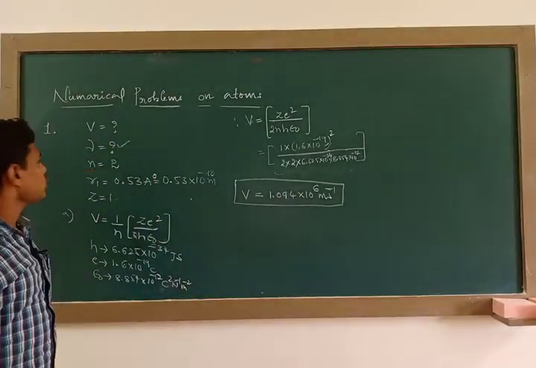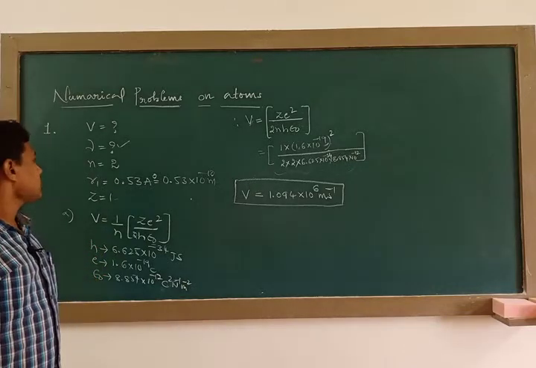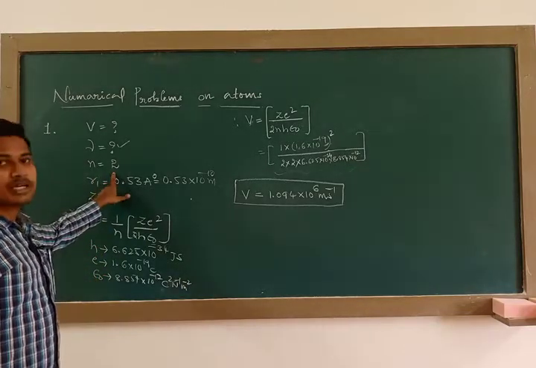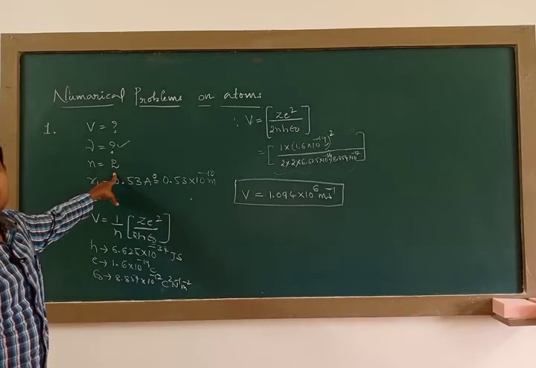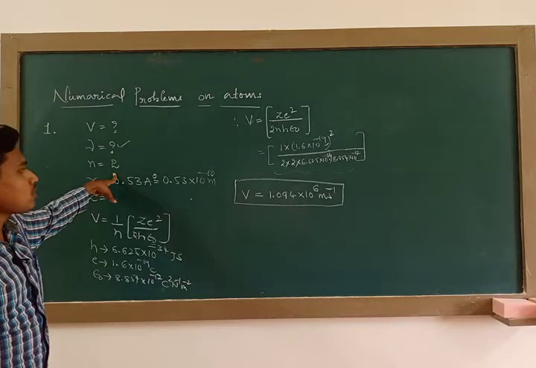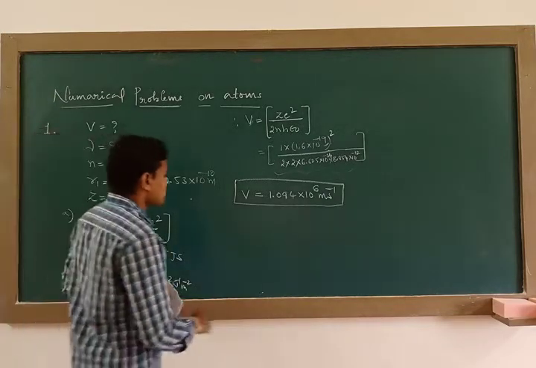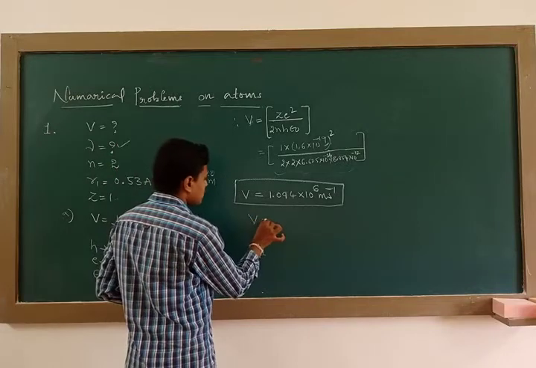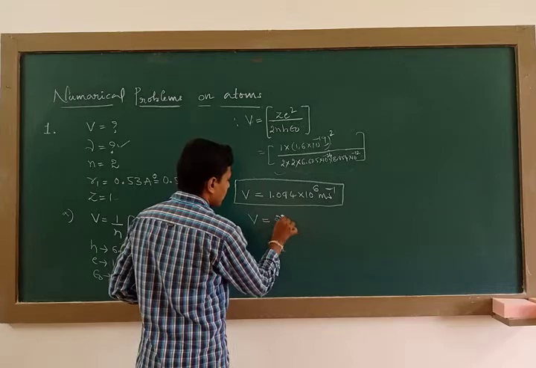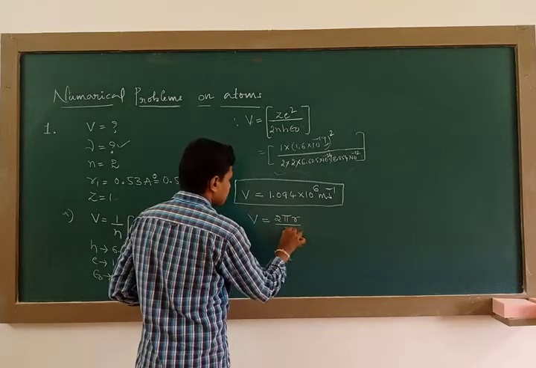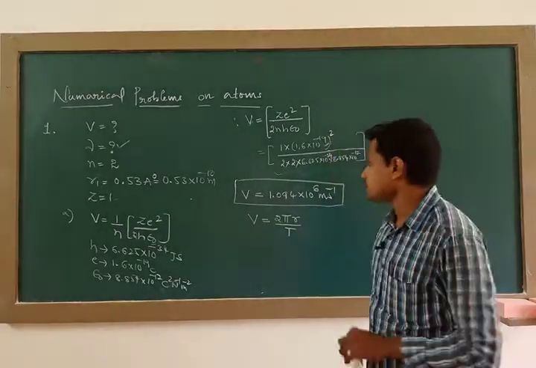How to find the frequency of revolution of the electron in the second orbit? To find it, we have one simple relation. What is that relation? V is equal to 2 pi r divided by t.